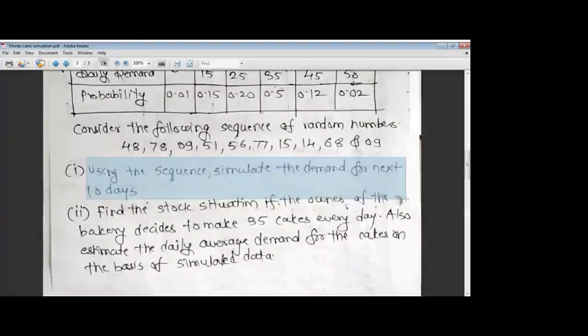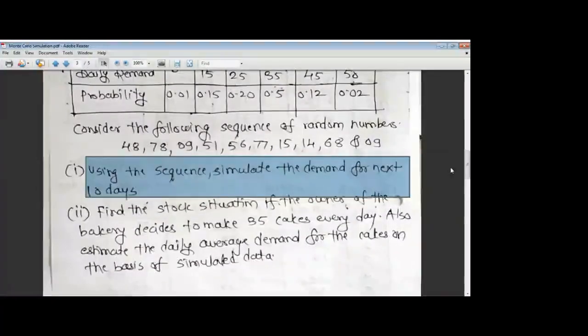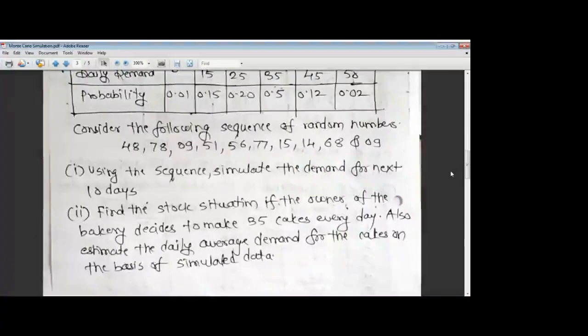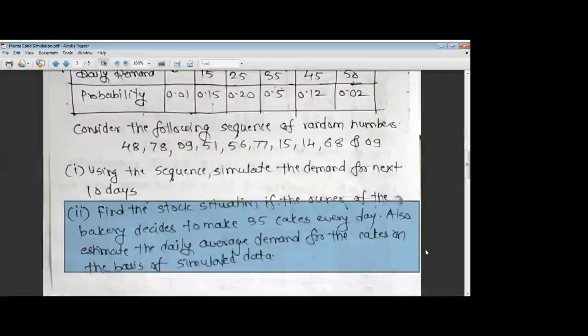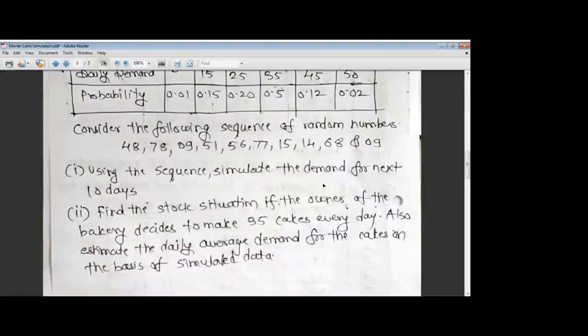Also, they are asking us to find the stock situation if the owner of the bakery decides to make 35 cakes every day, and also to estimate the daily average demand of the cakes on the basis of the simulated data. So these are the two things we have been asked. Now in the entire numerical, you won't see a single word saying this is your objective function, maximize this objective function, minimize this objective function.